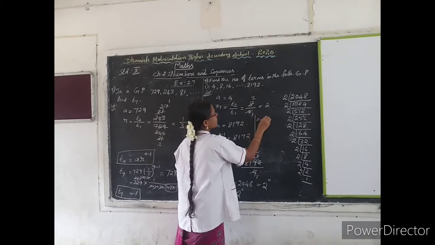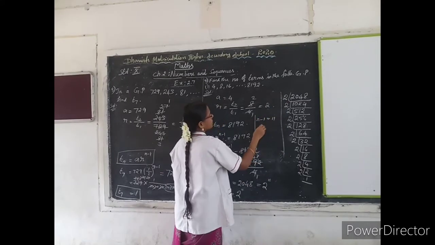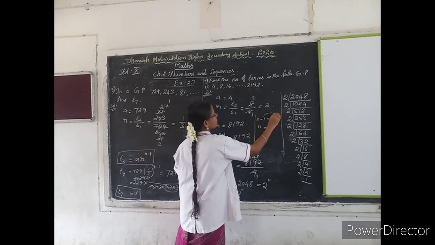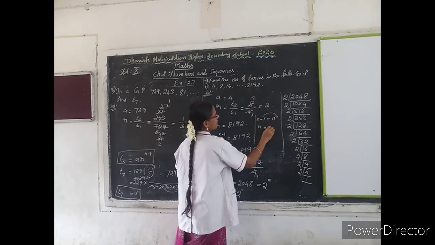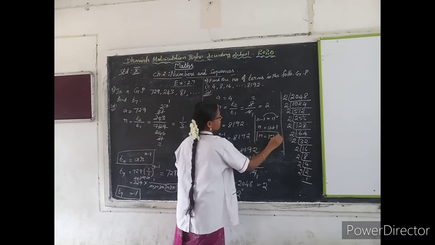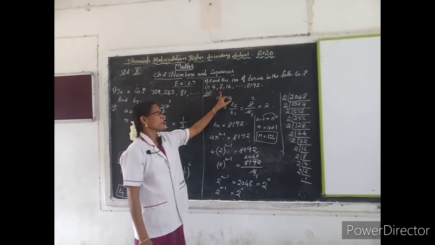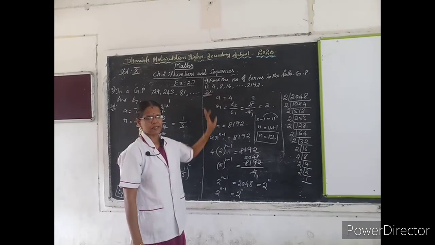That is n minus 1 is equal to 11. So n is equal to, this minus 1 goes to that side, means 11 plus 1, n is 12. Here 12 terms are present in this geometric sequence.